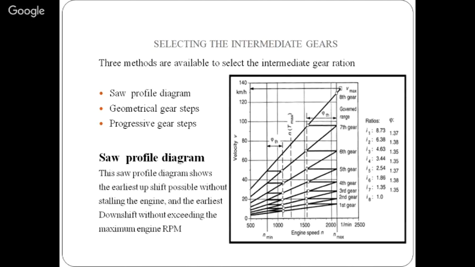So this is the shaft profile diagram. In this diagram, suppose let us take an example. I thoughtfully design a gear ratio in which when I put first gear from second gear, my vehicle stops.